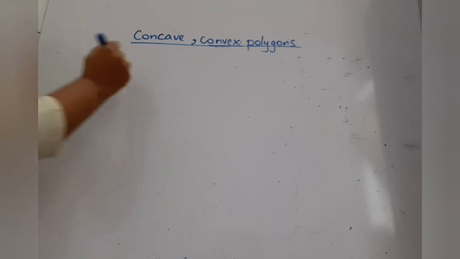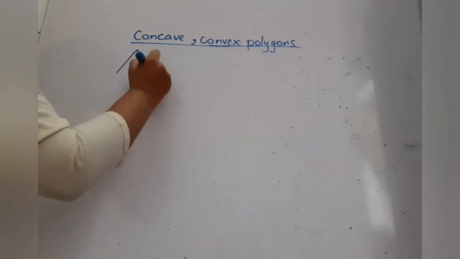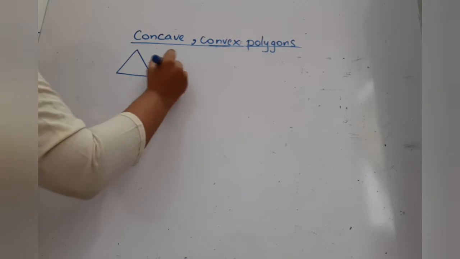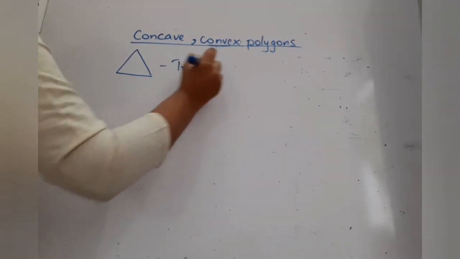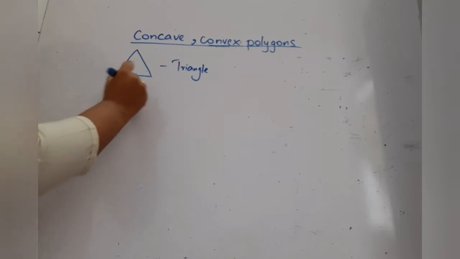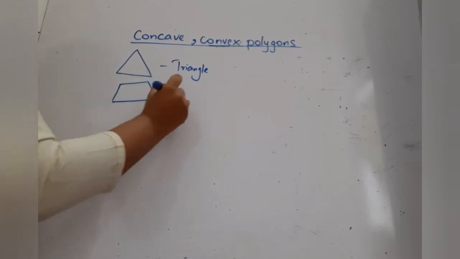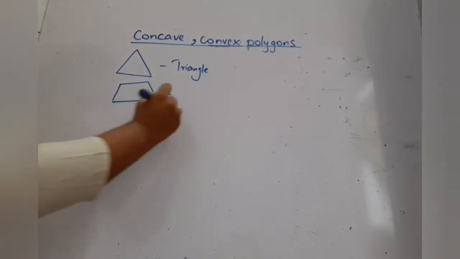The next important thing is that polygons are given names based on the number of sides. The polygon which has 3 sides is known as a triangle, and which has 4 sides is known as a quadrilateral.